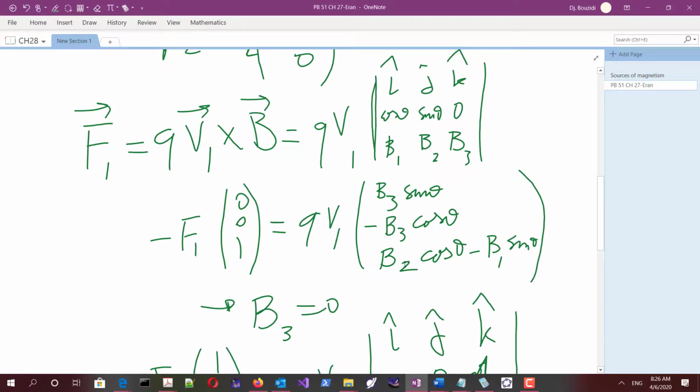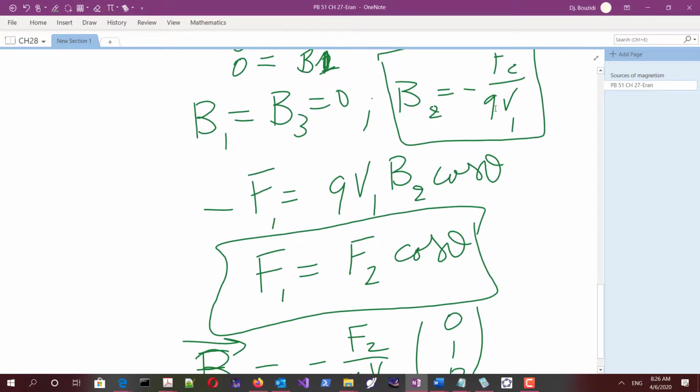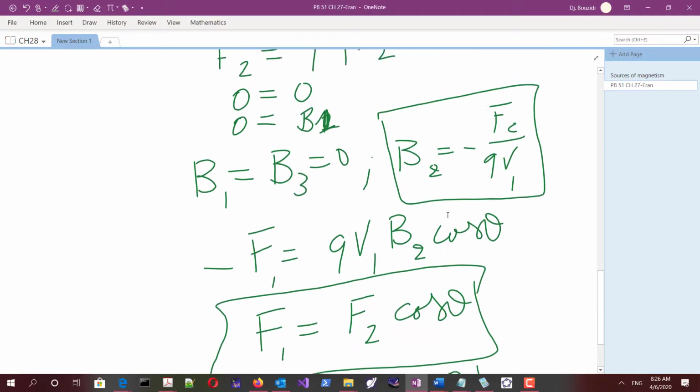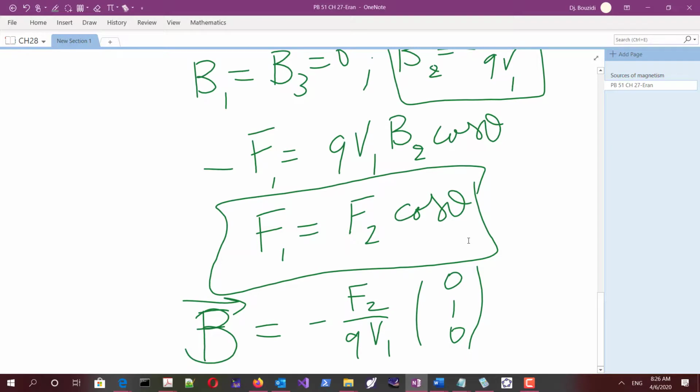So basically I have B2 cosine theta times QV1 is equal to negative F1, but I know QV1 times B2 is, from this expression, negative F2. So from there, I have F1 and F2 related to one another this way. And that's basically what the answer to this problem is.